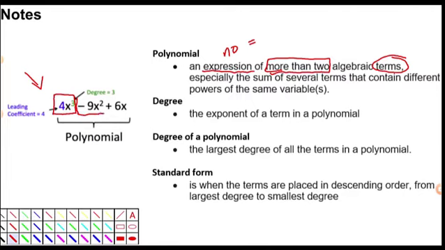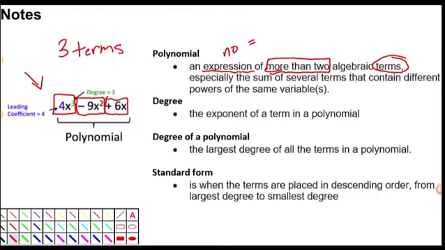So I have one term there, another term there, and another term there. So this problem has 3 terms. And so again, this is a polynomial because there's no equal sign, and it has more than 2 terms. It actually has 3 terms. All right, the rest of it is more explanations, but I think that's pretty solid right there. If you get familiar with that, you're pretty good.